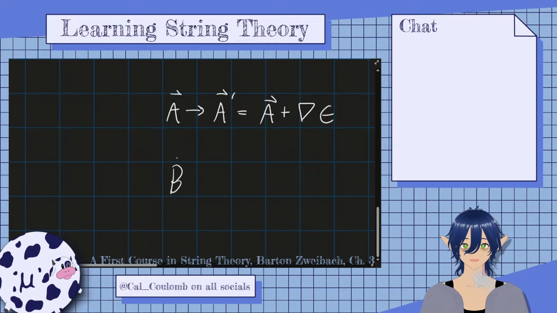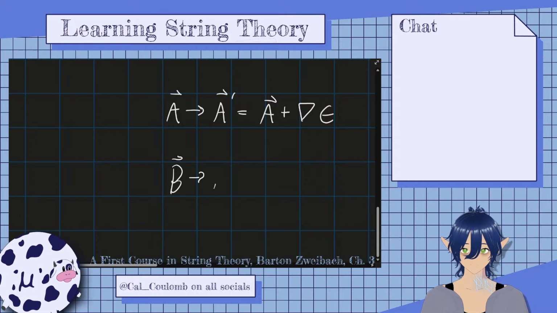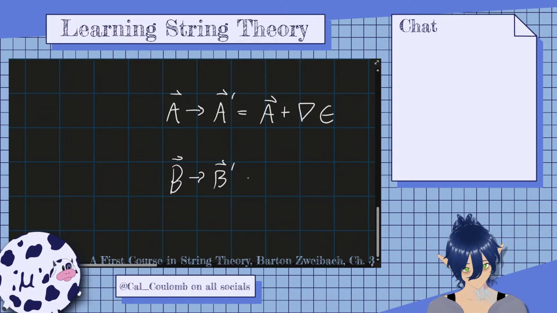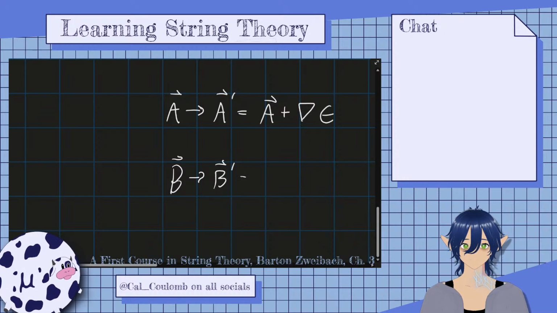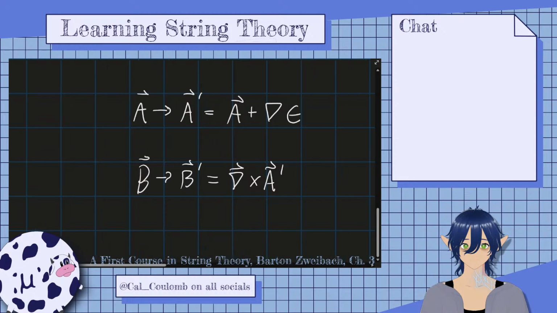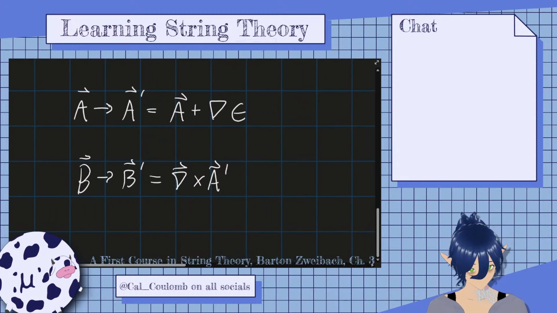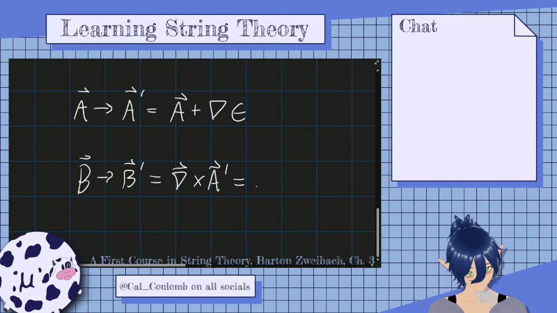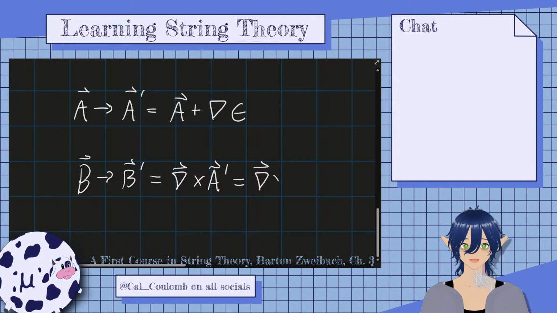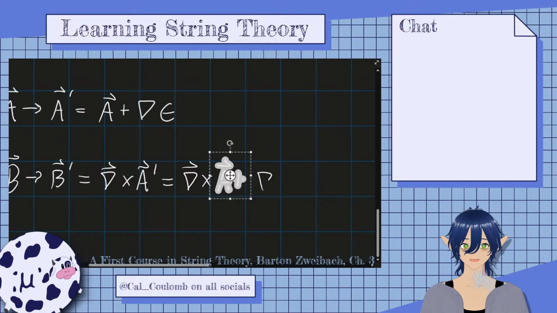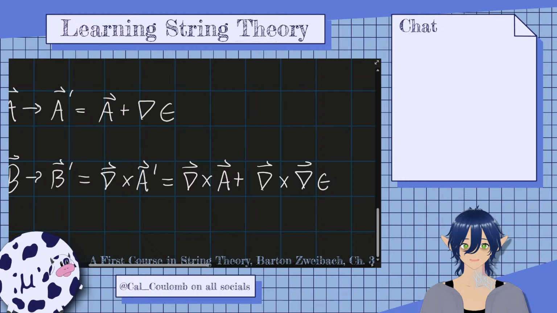So we have B goes to B prime, which is del cross A prime, which is del cross A plus del cross epsilon, or del cross del epsilon.